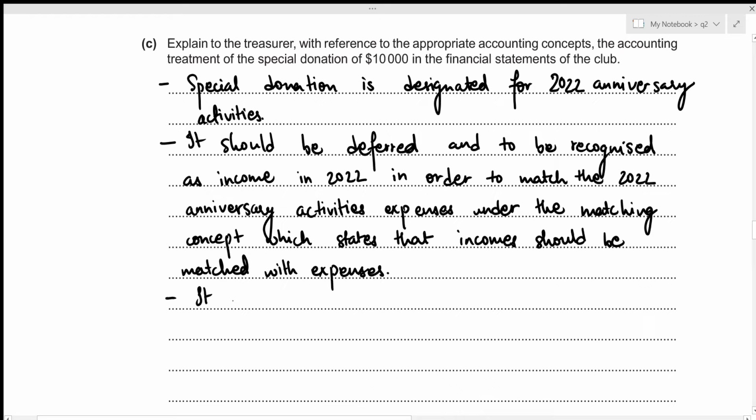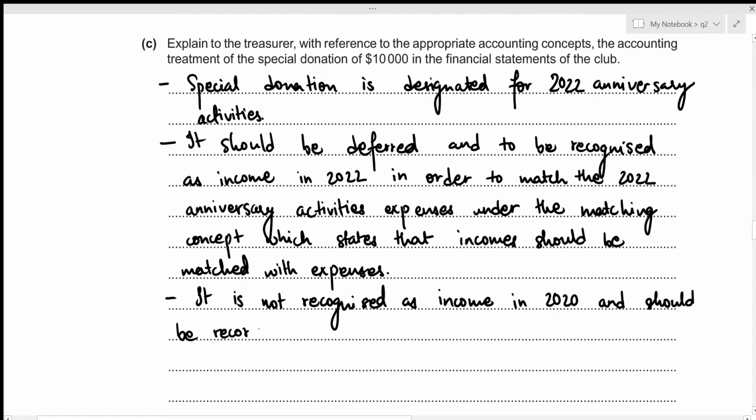It is not recognized as income in 2020 and should be recorded as deferred income in the 2020 statement of financial position.